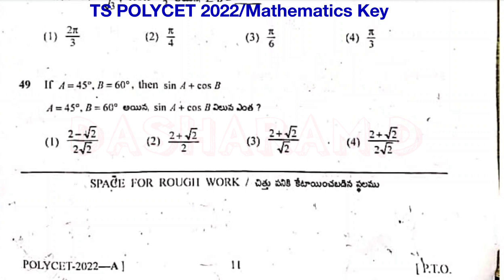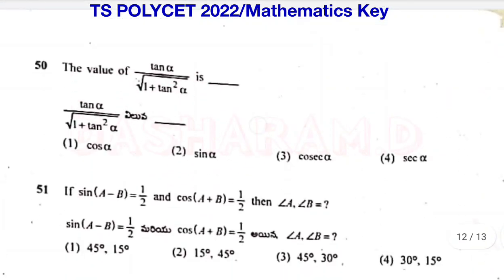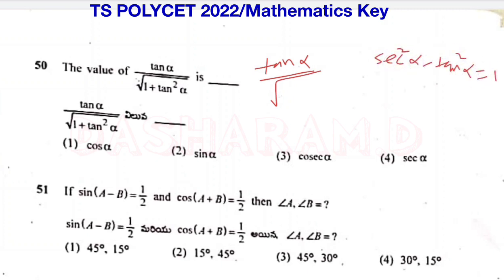Next, question number 50. The value of tan alpha divided by 1 plus tan square alpha. Actually we have one identity, secant square alpha minus tan square alpha equals 1. From this, secant square alpha equals 1 plus tan square alpha.